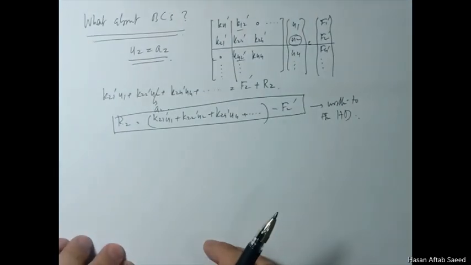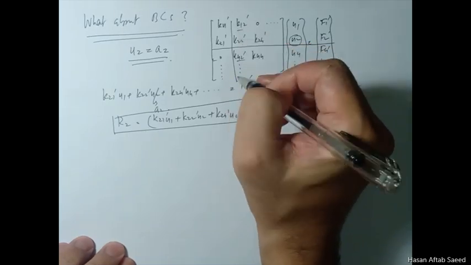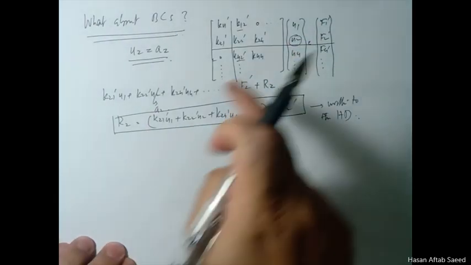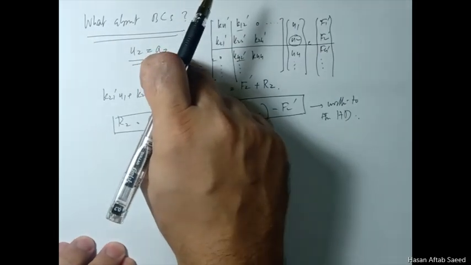But here you don't need a row operation for doing that, because these values obviously are known, and this u2 is also known. Whether it's 0 or non-zero, it doesn't matter. Its value is a2, which is a constant.